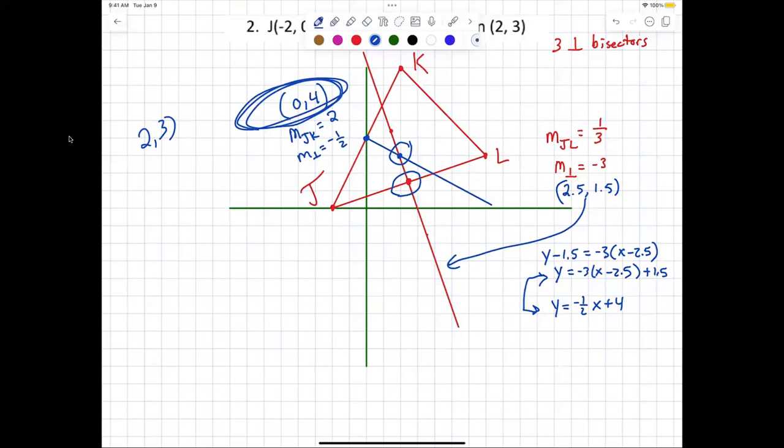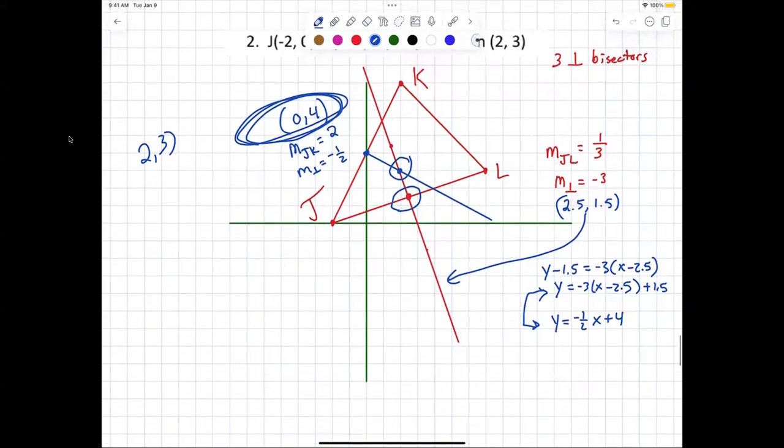You said you had to create a perpendicular line, and there's a red line and a blue line on the triangle that are already perpendicular, one's perpendicular to JL and one's perpendicular to JK. Right. That's what I needed to do. Yeah, good job. But I don't know why we need to find the equation of the line, because we've already drawn the line. Because I'm not trusting the fact that on your test or your quiz tomorrow, it'll be so obvious.